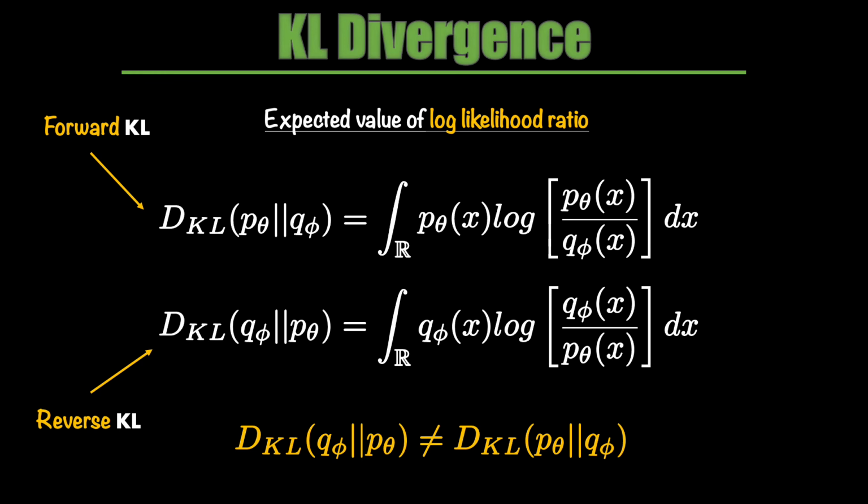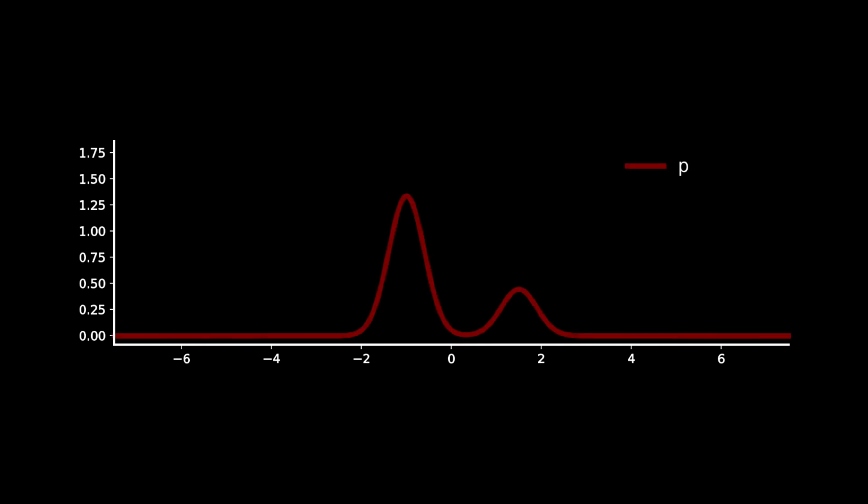But let me show you a small example so that you can see the different behaviors that these two KL divergences have. Here I'm showing the plot of synthetic data that I generated. Since it has two peaks, it's a multimodal distribution. Essentially, I added two Gaussian distributions to get this one.